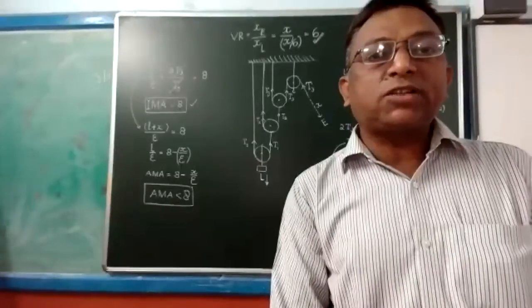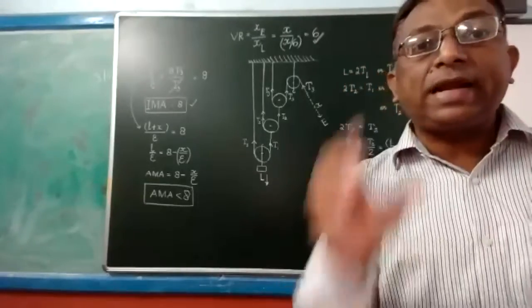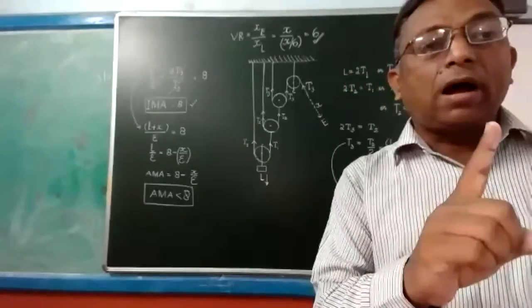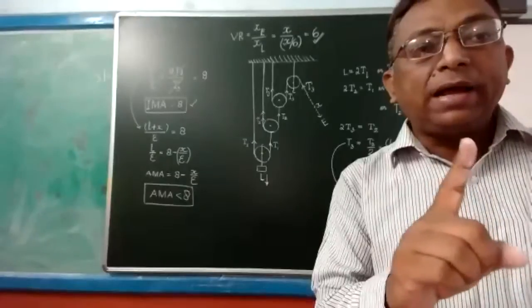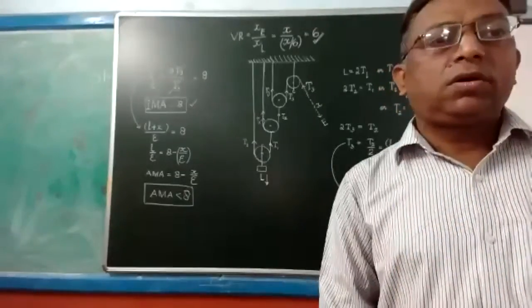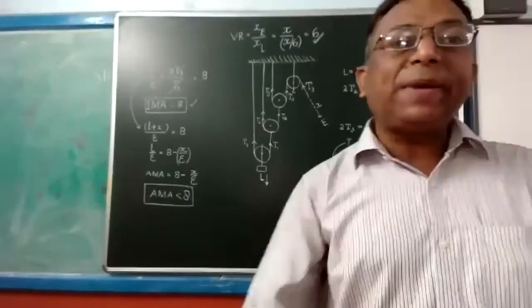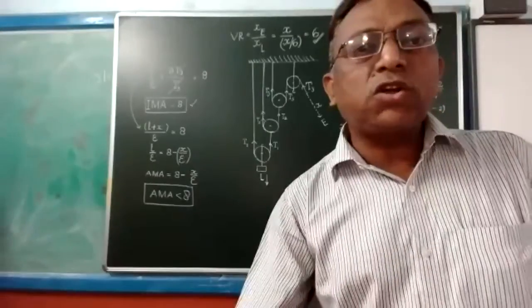Then what is the consequence? The load gets shifted upward through half of the effort distance, meaning x upon 2. Why is it so? Dipesh, why is it so?